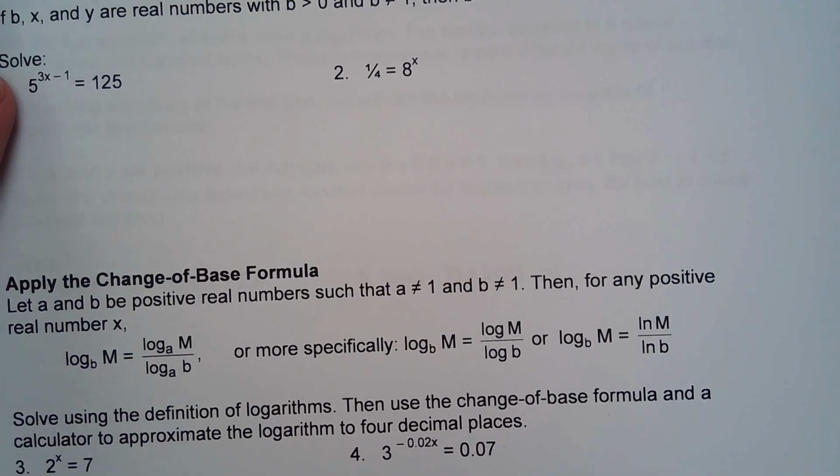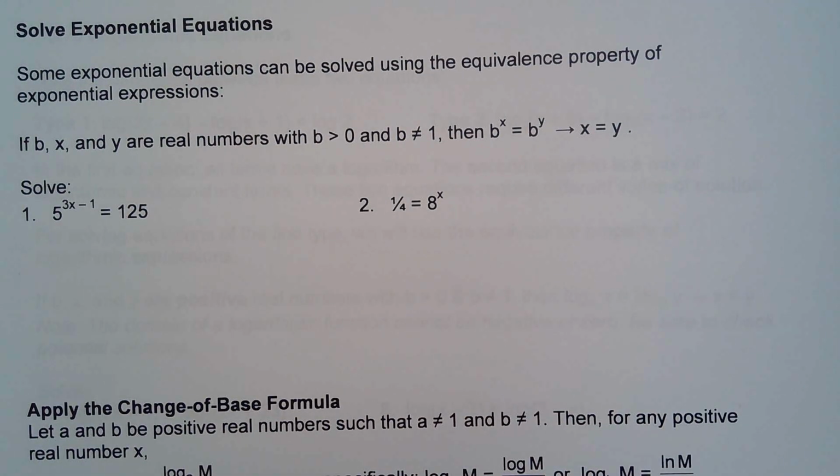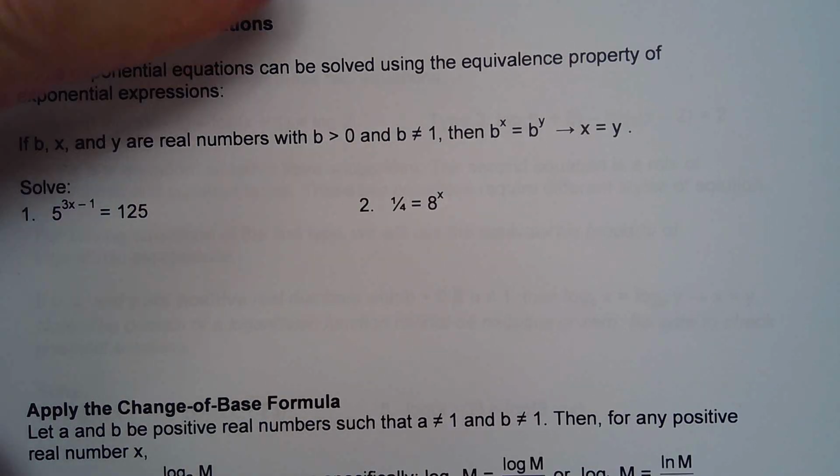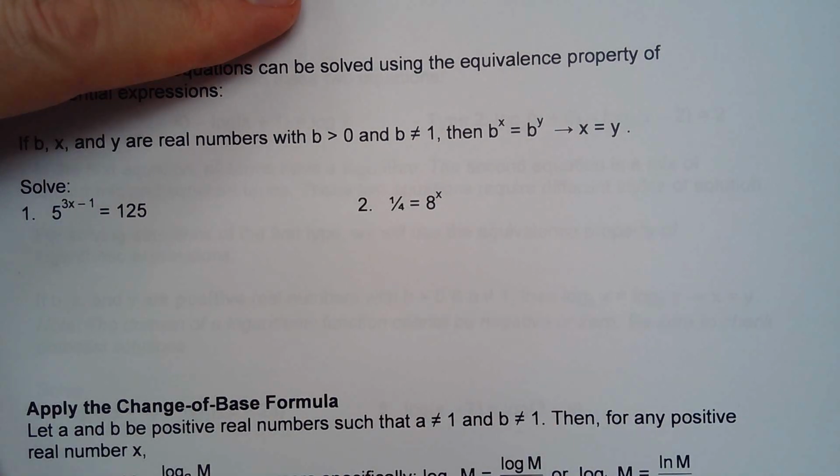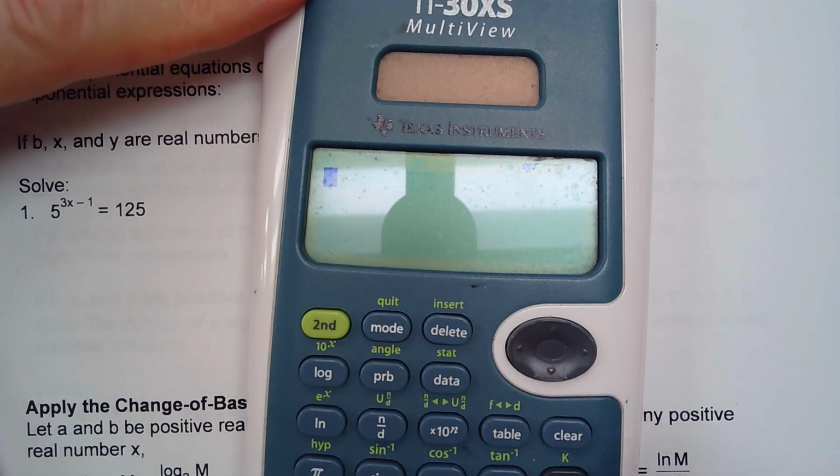So let's see this in action. Here on this first set of problems, we want to use the fact that the exponential function is one-to-one. In order to make this work, we're going to have to rewrite them so they have the same base. So I look at 125 and I want to see if I can write that as a power of 5.